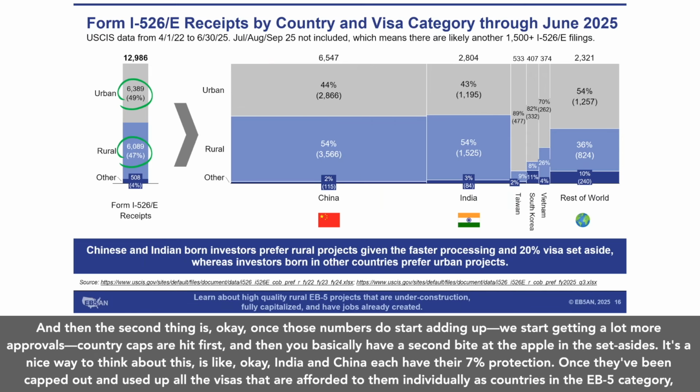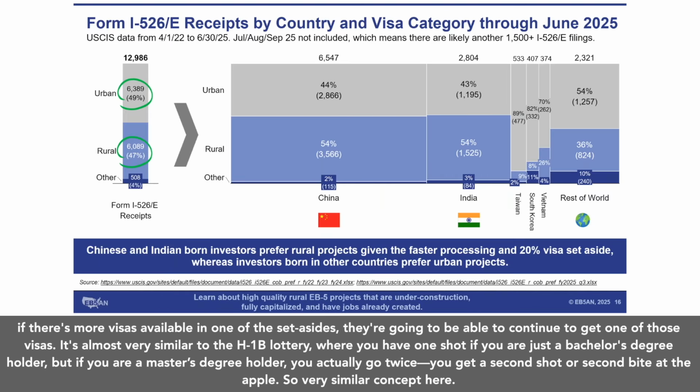And then the second thing is, once those numbers do start adding up, we start getting a lot more approvals. Country caps are hit first, and then you basically have a second bite at the apple in the set-asides. A nice way to think about this is, India and China each have their 7% protection. Once they've been capped out and used up all their visas that are afforded to them individually as countries in the EB-5 category, if there's more visas available in one of the set-asides, they're going to be able to continue to get one of those visas.